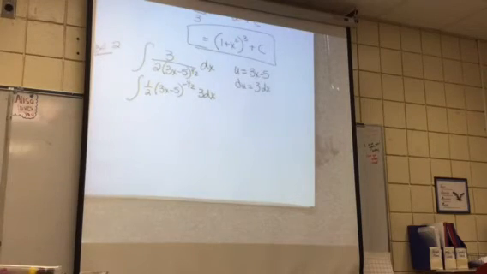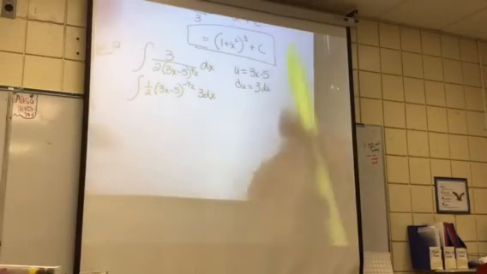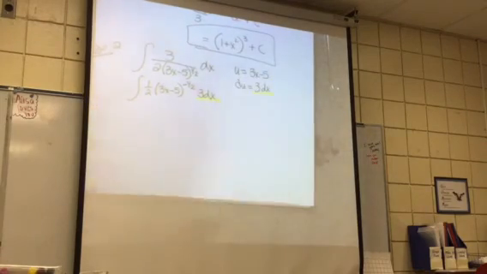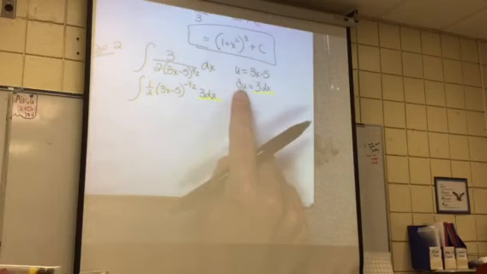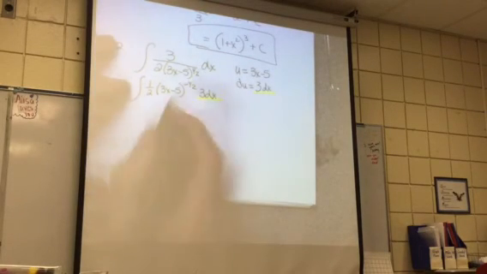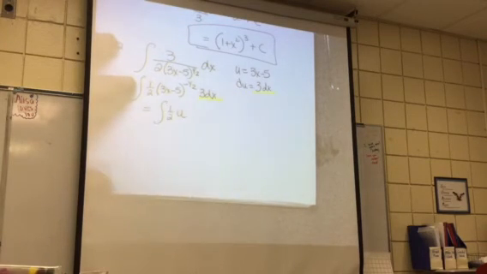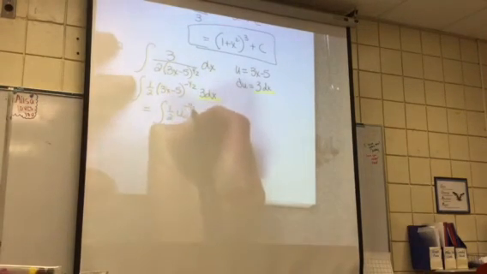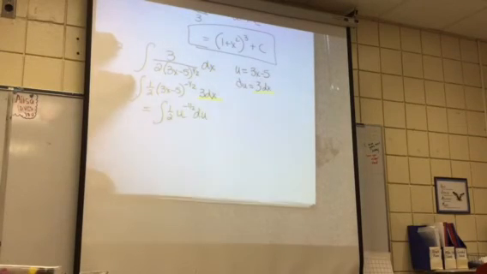I just rearranged it so that I would have this value, so that I can substitute in the place of that du. So this can now be rewritten as the integral of 1/2 u to the negative 1/2 du.